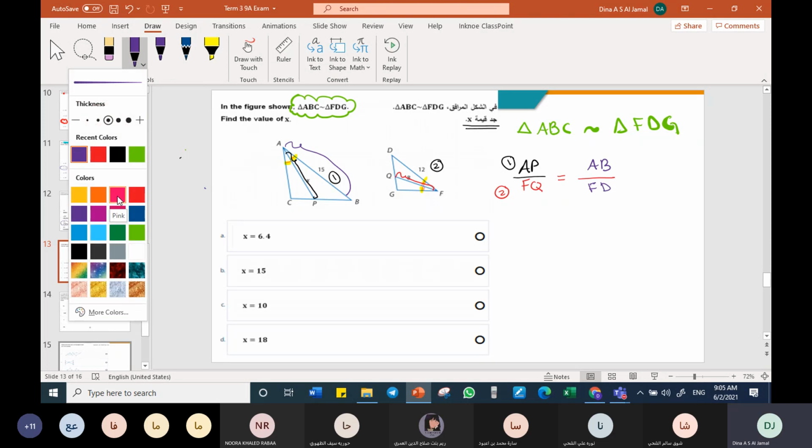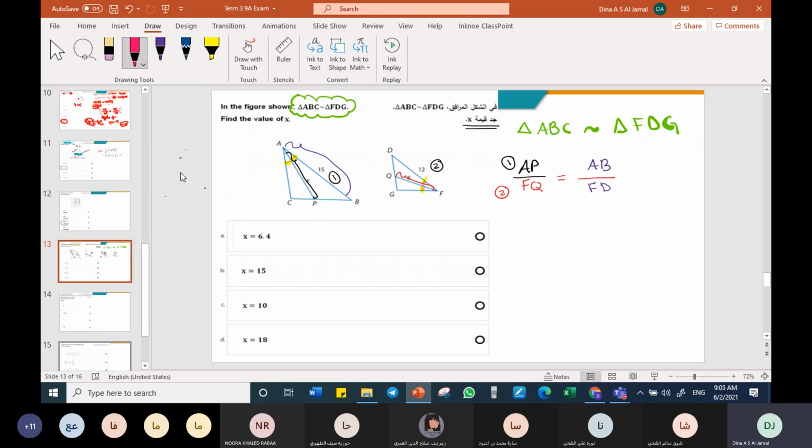Substitute now with the values. AP is x, FQ is 8, AB is 15, FD is 12.